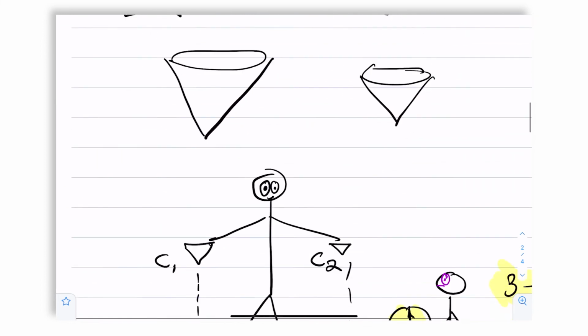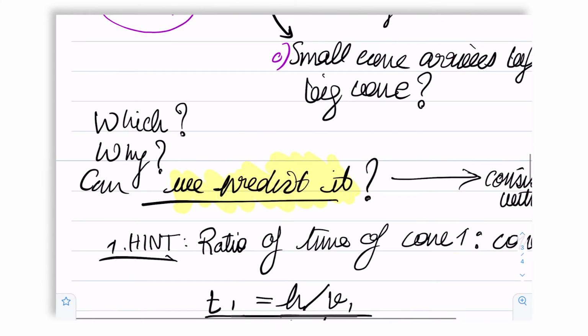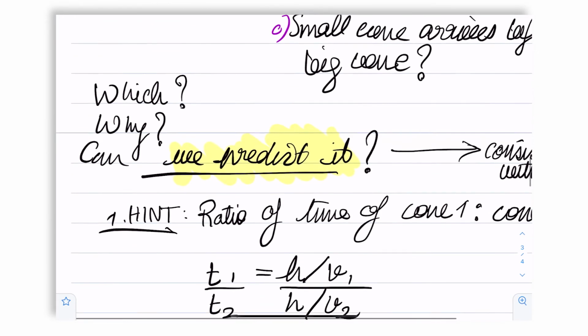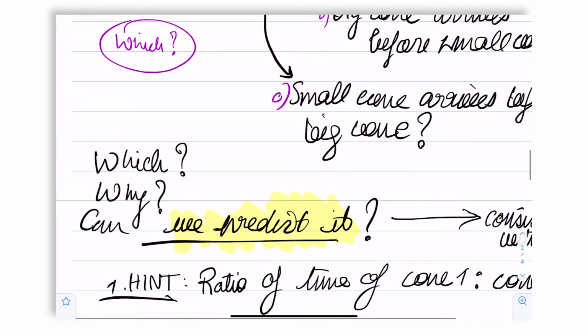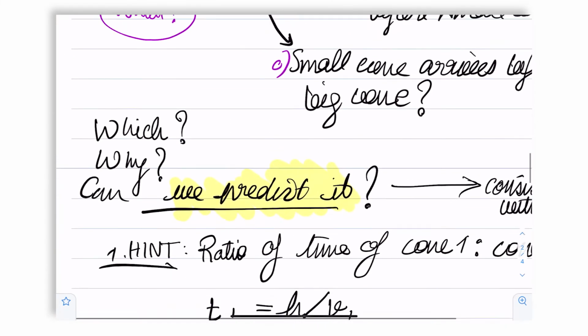Now, one way to think of this, and this is the first hint I'm going to give you, is that we need to basically consider the ratio of the times, right, of cone 1 and cone 2. So how do we think of ratio of time?